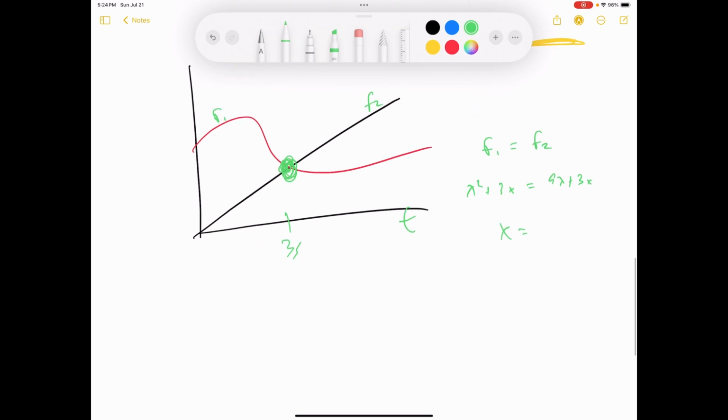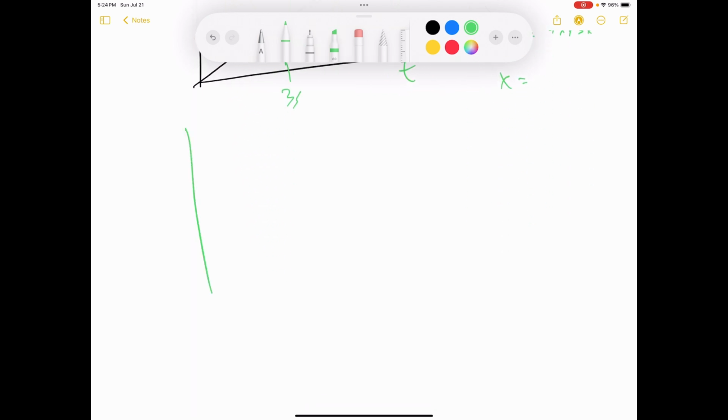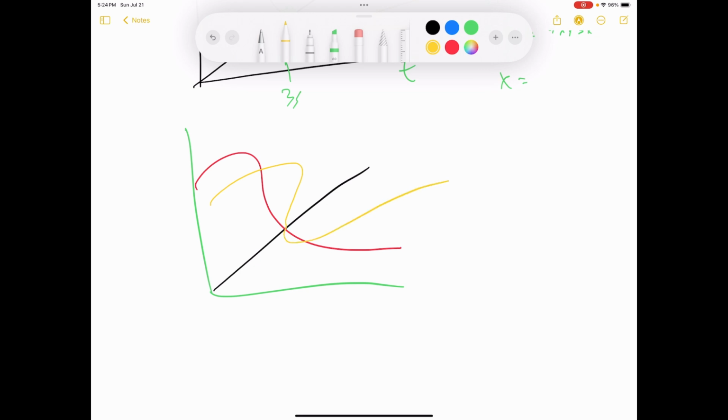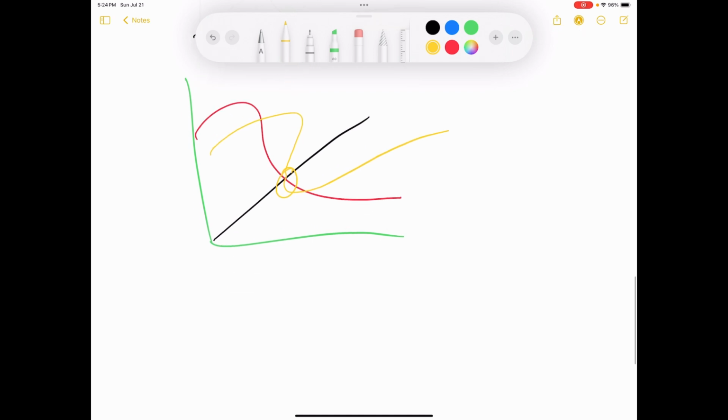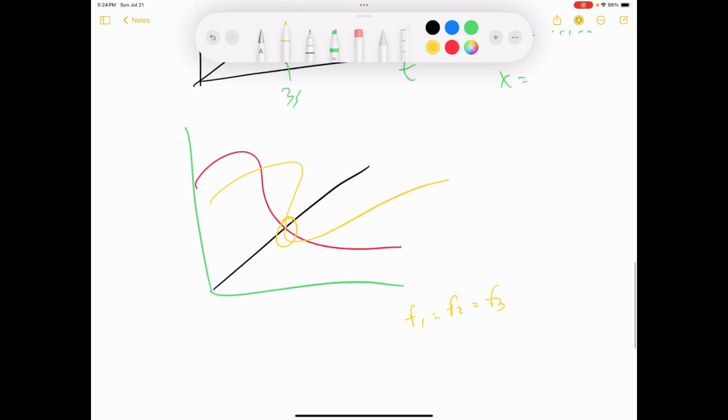Or you could have a lot of functions. You could have this function, and this function, and something like that. You could have 3 functions, and you want to know where all 3 of them meet. So you want to know where function 1 equals function 2 equals function 3. And that's a system of equations, and that's basically it.